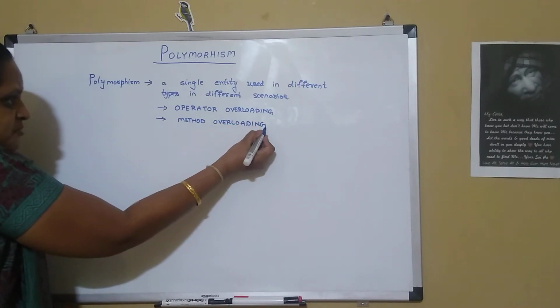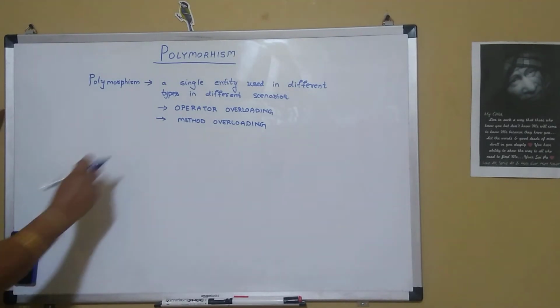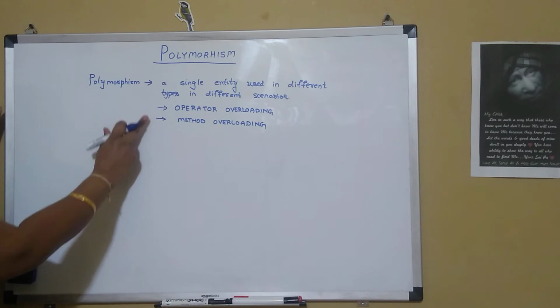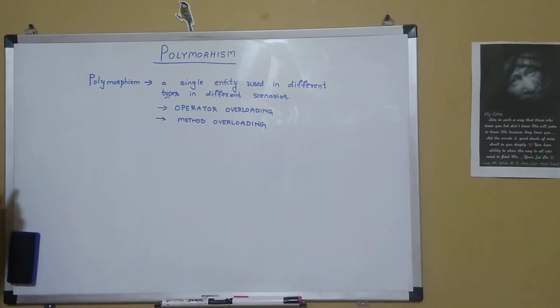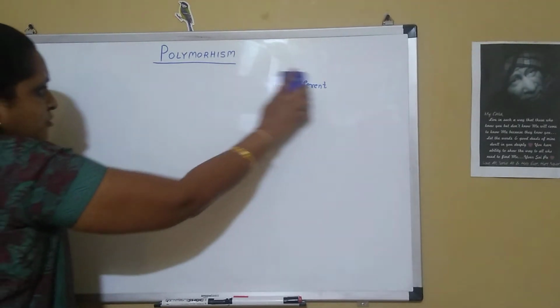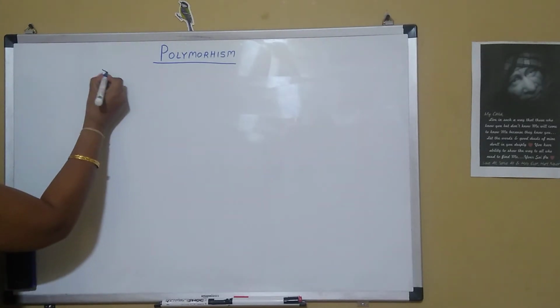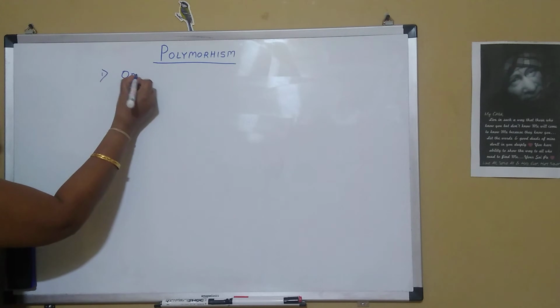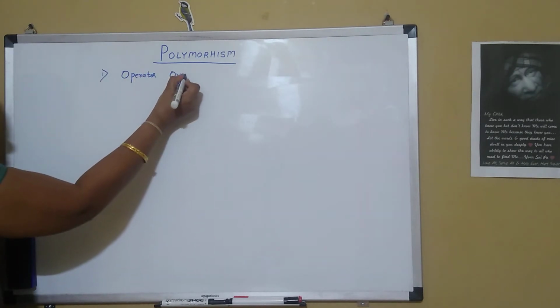So there are two types of overloading in Python programming language. They are the operator overloading and method overloading, which achieves polymorphism. So now firstly, let's look into the operator overloading in Python programming language.